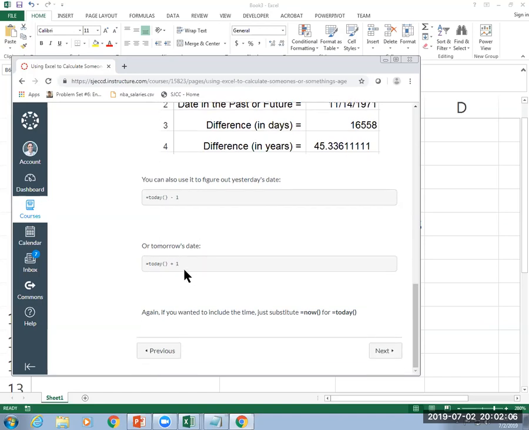Tomorrow is equals TODAY plus 1. If I want to know what next week is going to be, what do you suppose I would do? Well, equals TODAY gives me today. So what's next week? Plus 7. Equals TODAY plus 7 gives you next week.